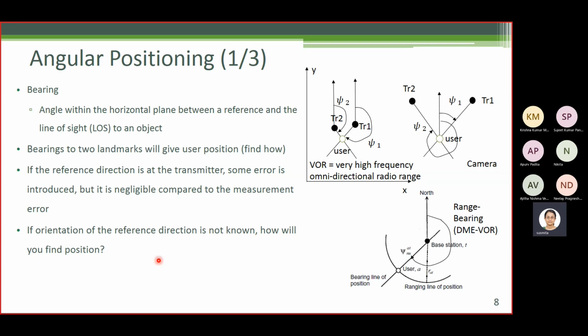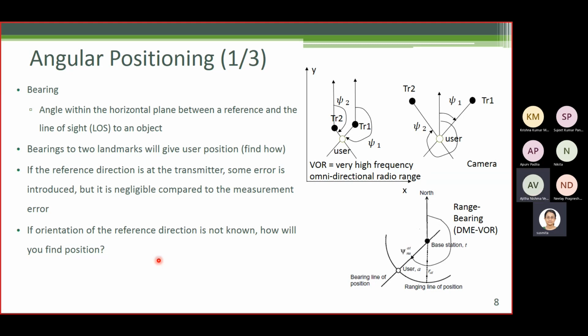Okay, if the reference direction is known, then how many unknowns do you have? Tell me that first. X and Y of the user, so two unknowns, right?